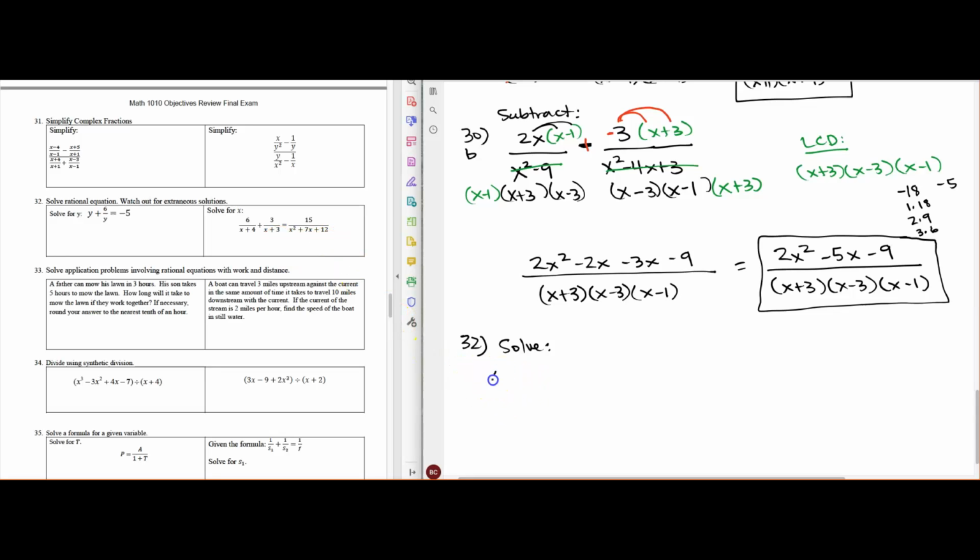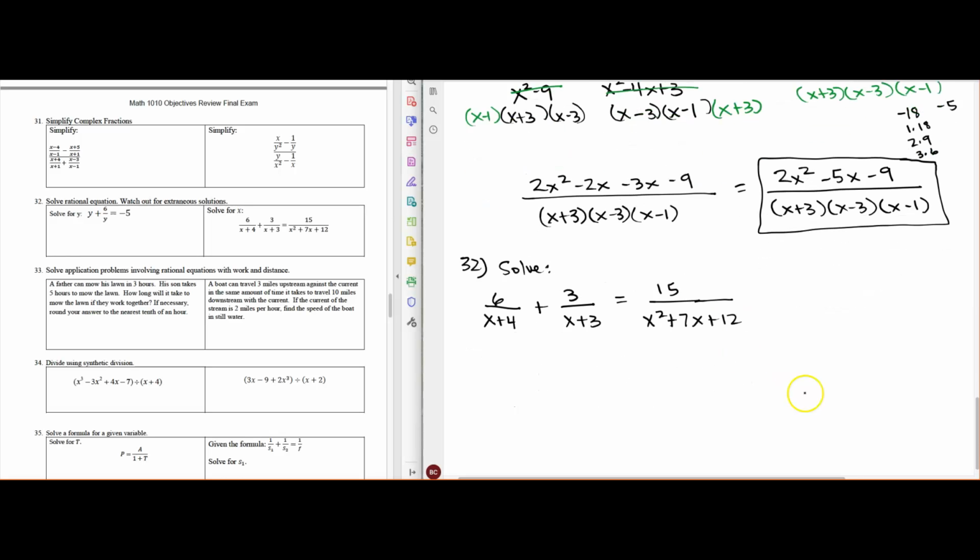So here we have 6 over x plus 4 plus 3 over x plus 3 equals 15 over x squared plus 7x plus 12. Okay, we'll start this off the same way, where we want to make sure that we factor all the denominators so that we can see what we have there.